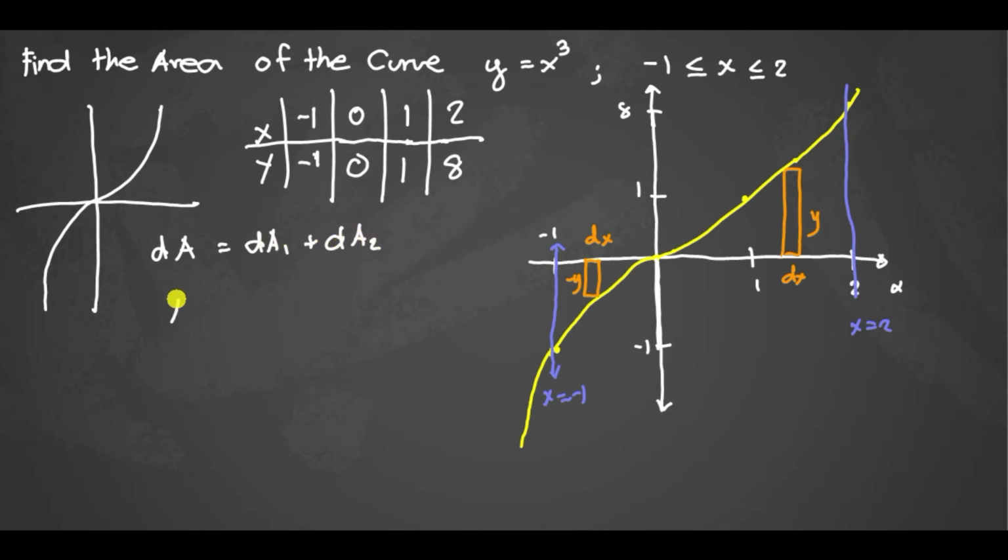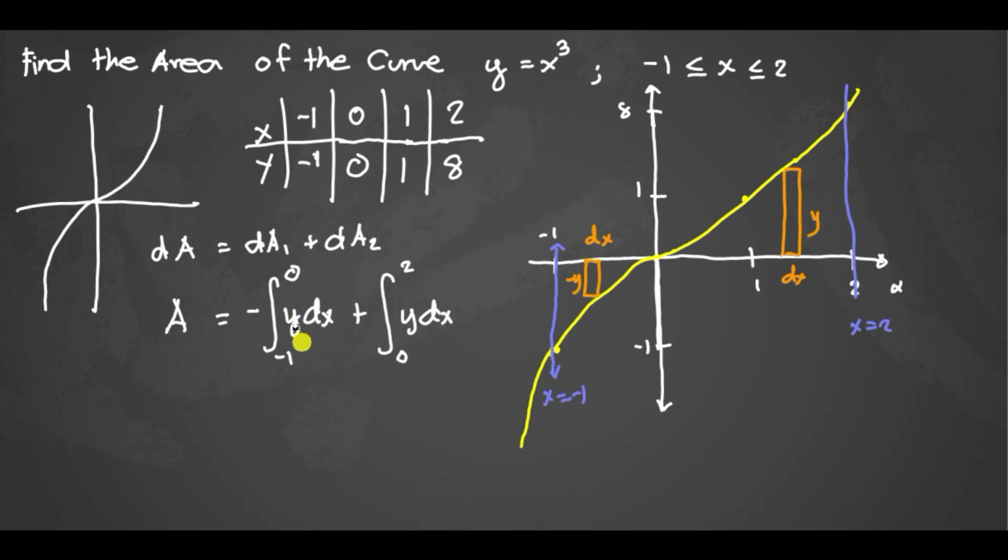Applying the integration, the area is equal to, for this one, negative y, since our y is negative, so negative y dx evaluated from negative 1 to 0, plus our differential area 2, the integral of y dx evaluated from 0 to 2.